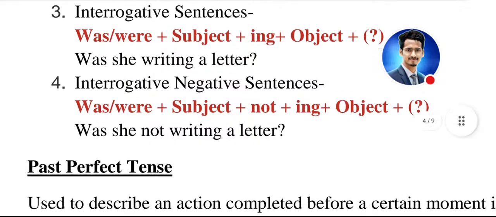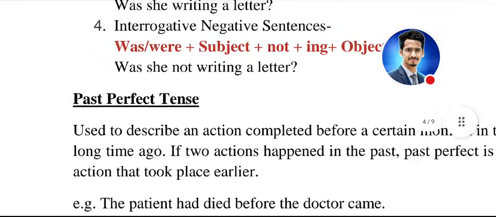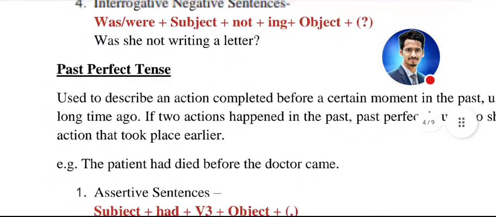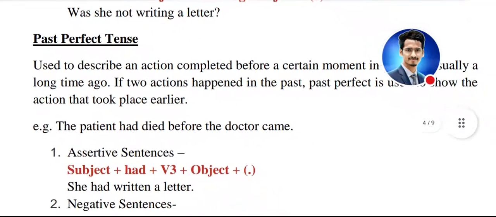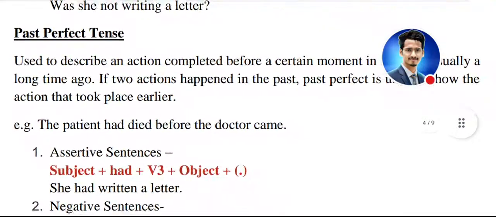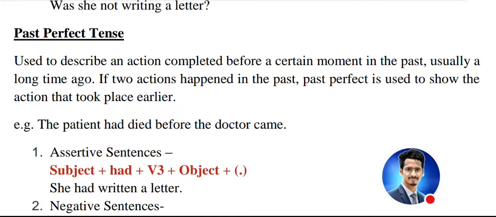So let's go ahead and take another sentence which is very nice in the past. So let's describe this sentence, which is past perfect tense. This is a very amazing sentence. You can see it is used to describe an action completed before a certain moment in the past, usually a long time ago.